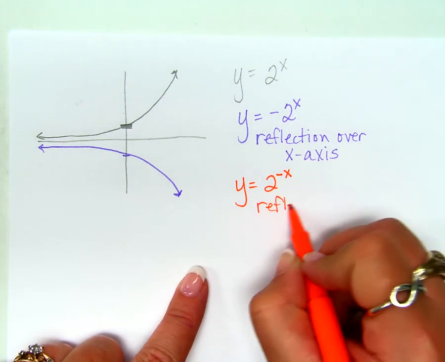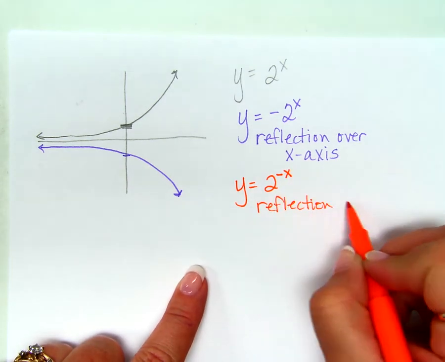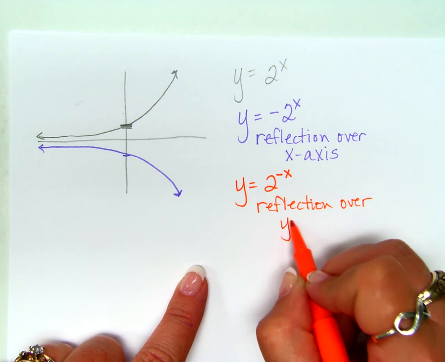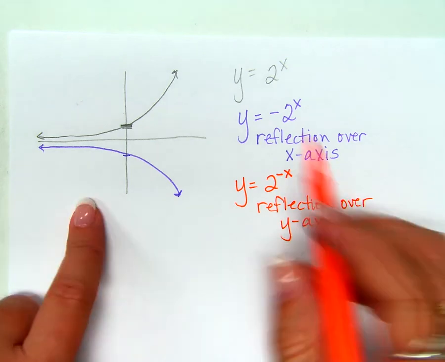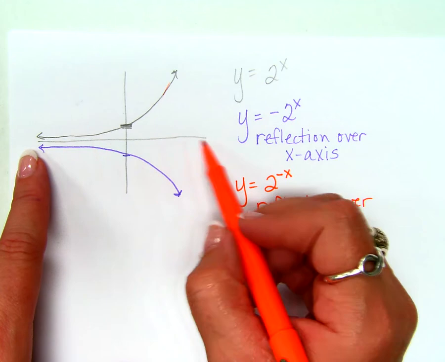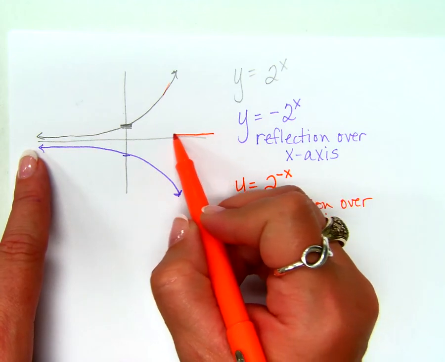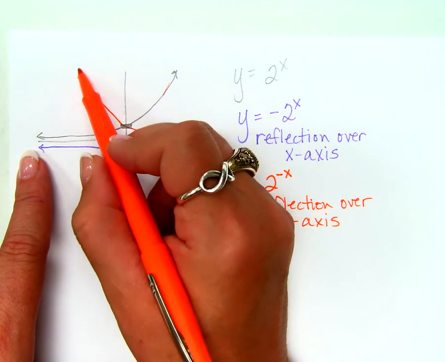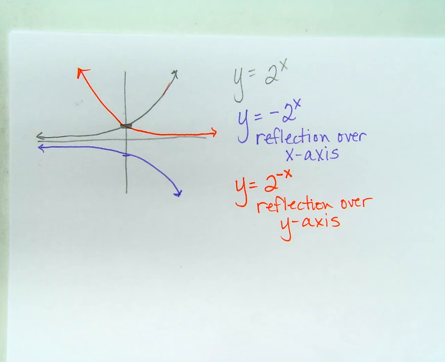Reflection over the y-axis. So if I reflect this over the y-axis, instead of going all the way that way, it's going to go all the way this way. And it's going to go like that. That's not too bad, is it? You okay with that so far? Okay.